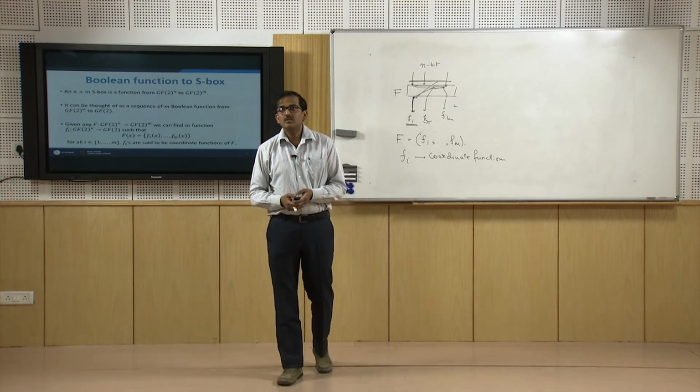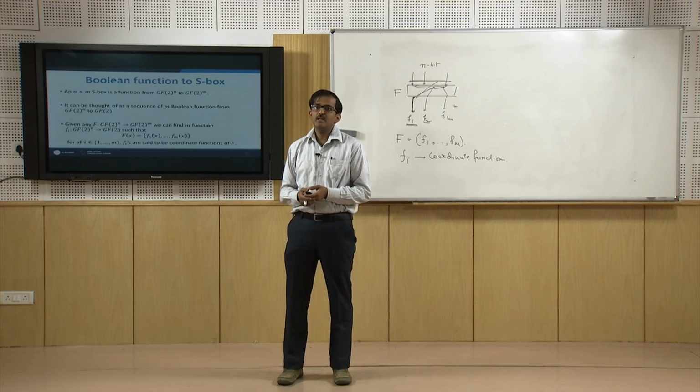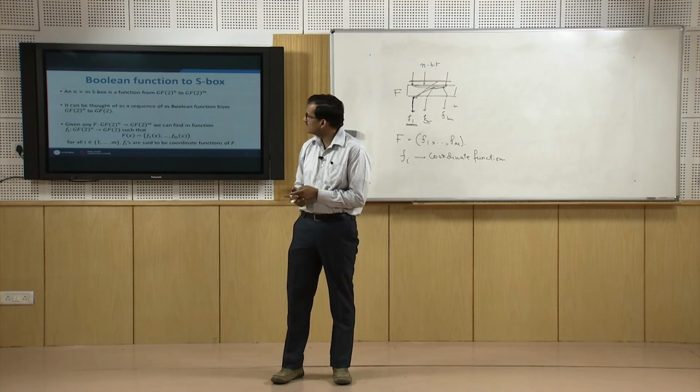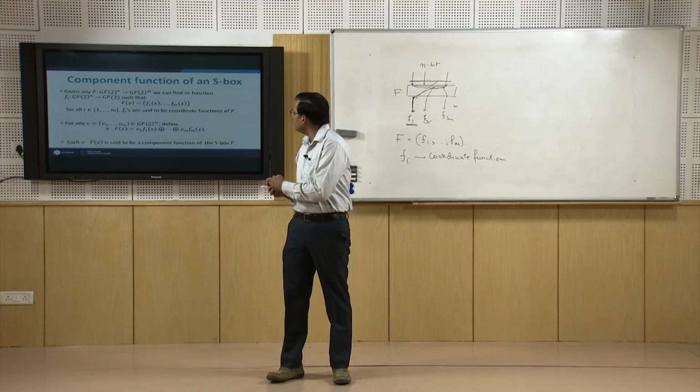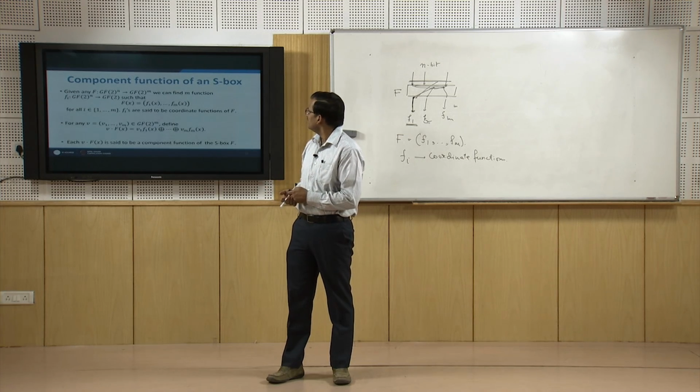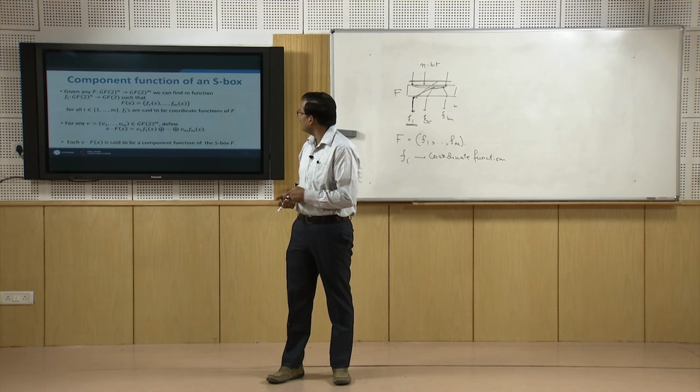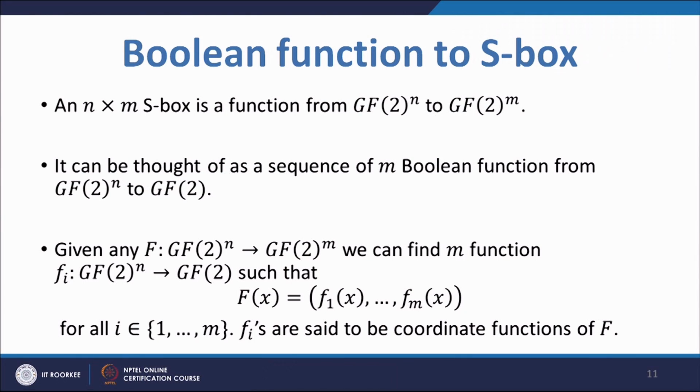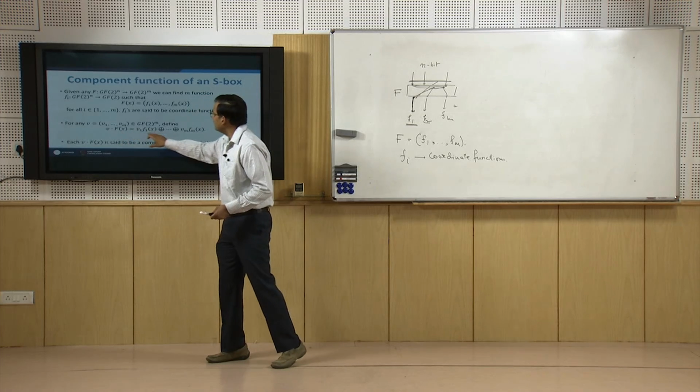But it is not enough to check only the coordinate functions. We have to do a bit more over here. We have to check the so called component functions. So, what we have to do is basically to take all the linear combinations of the coordinate functions, which are called component functions, and which I have written over here.